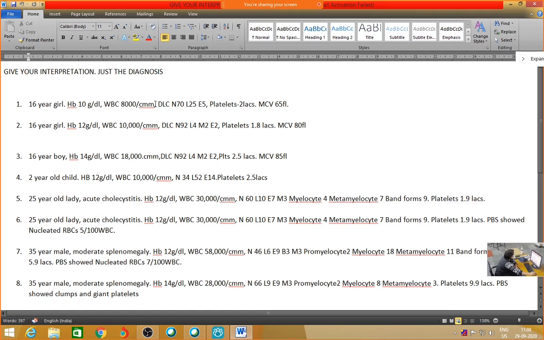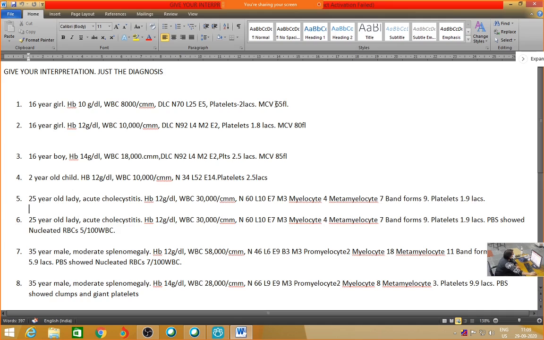But if the RBC count is high normal, maybe 4.5 million or something, with the hemoglobin low and the MCV low, in those cases you have to suspect an underlying thalassemia trait.